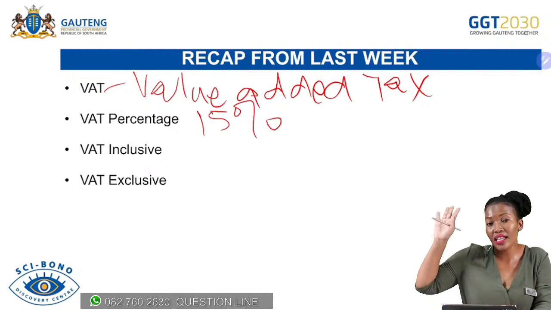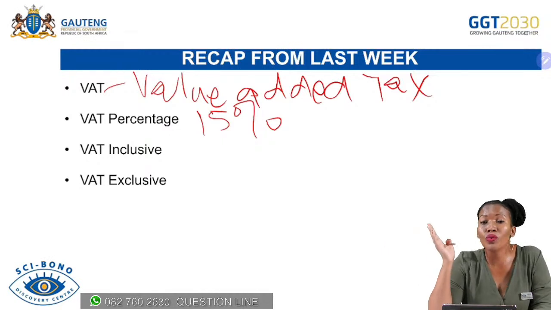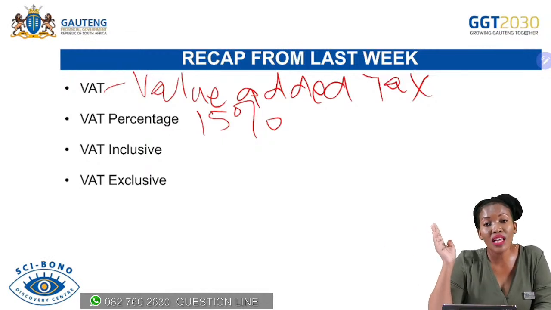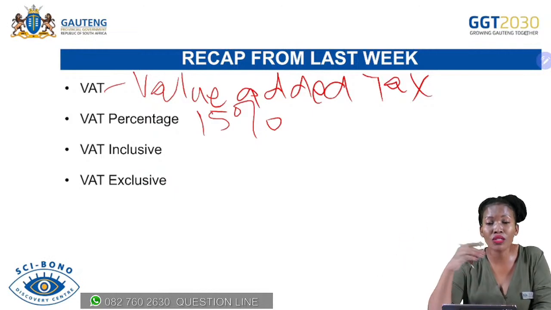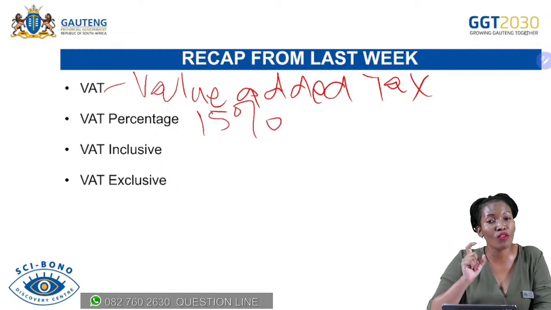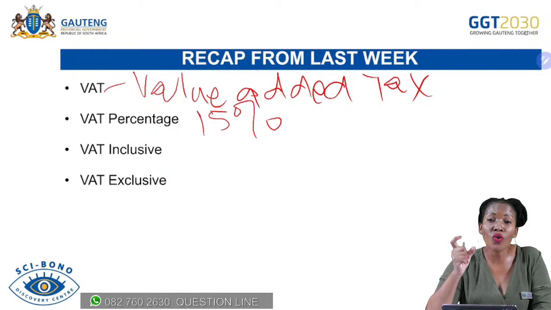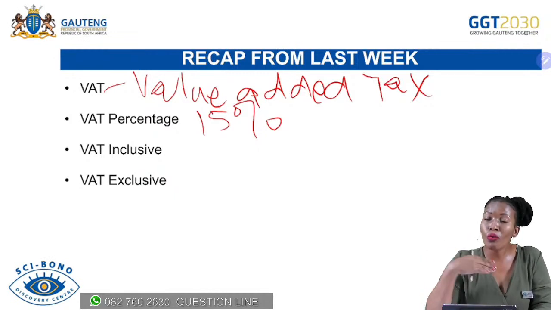So previously, before 2018, we used to calculate VAT using 14%. So don't be surprised when you are using old question papers or old textbooks, and you see those textbooks mentioning VAT as 14%. That is because the 15% VAT was only implemented in 2018. But from here on, when we talk VAT, we talk about 15%.